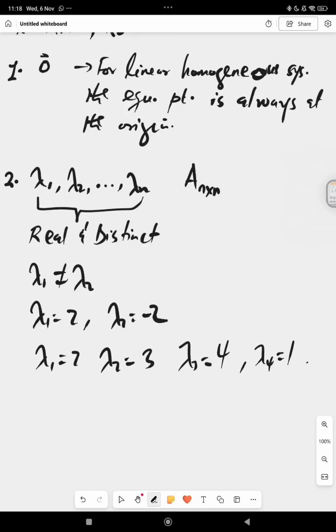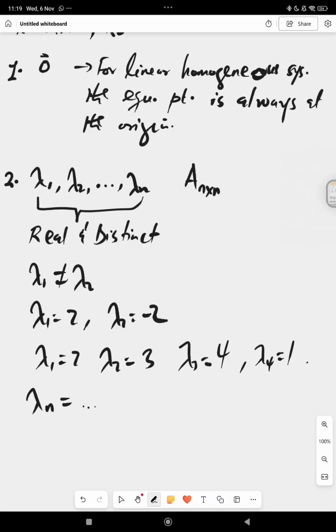Since this is an n by n case, our eigenvalues go up to the nth value, lambda n, whatever number it is. So the eigenvalues have to be real and distinct.